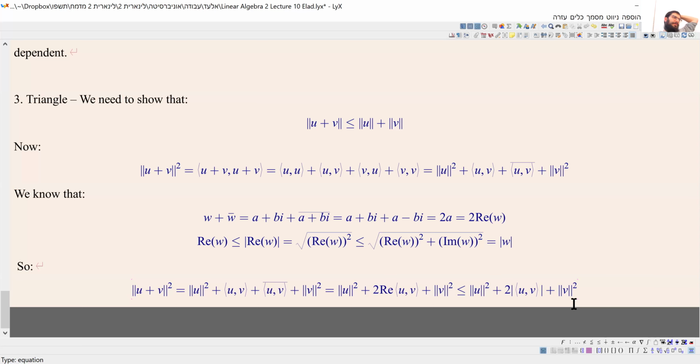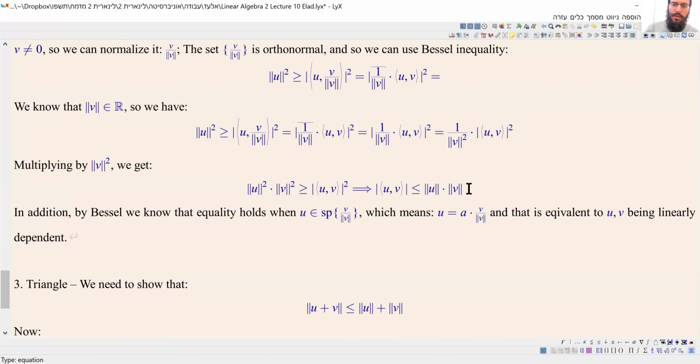Now, how convenient. Step by step, we used Pythagoras from the last lecture to prove Bessel, we used Bessel to prove Cauchy-Schwarz, and now we use Cauchy-Schwarz to prove the triangle inequality. We know that the absolute value of the product of u and v is less than or equal to the multiplication of the norms of the vectors.